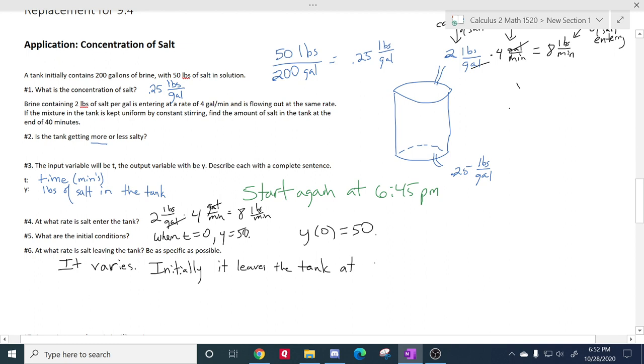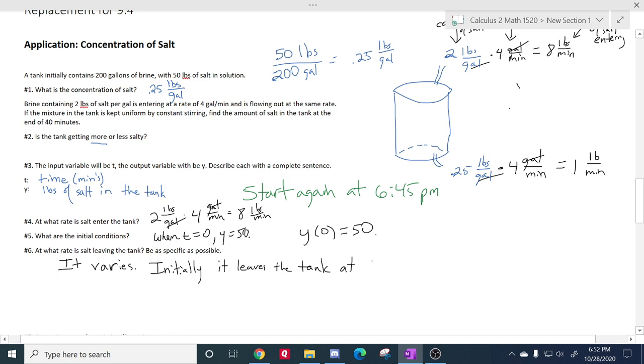How'd you get the 1? Since originally we decided that the concentration was 0.25 pounds per gallon, and then the water also exits at 4 gallons a minute. So this is going to happen 4 times every minute. So we cross these out and we get 1 pound per minute.